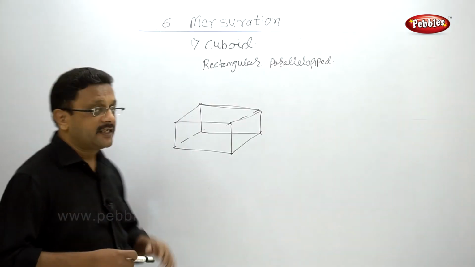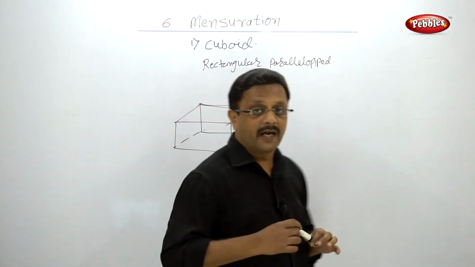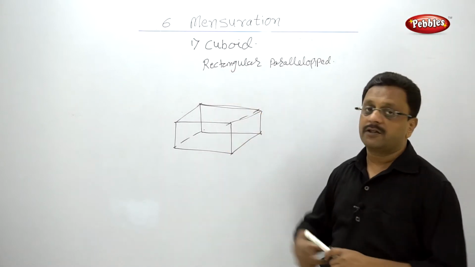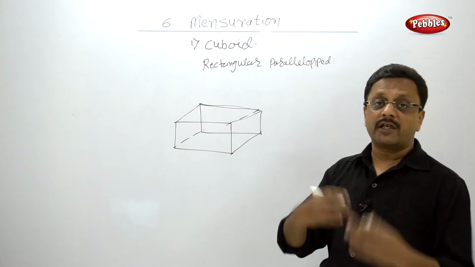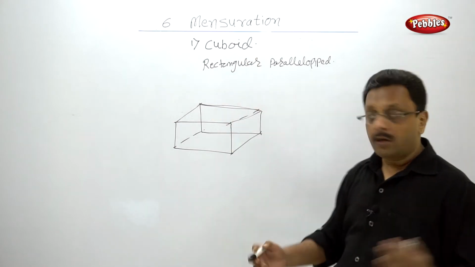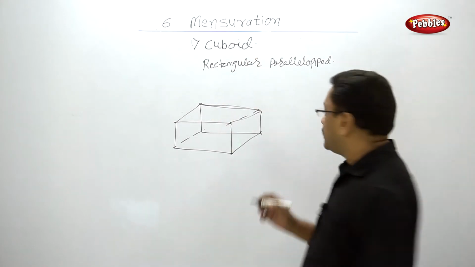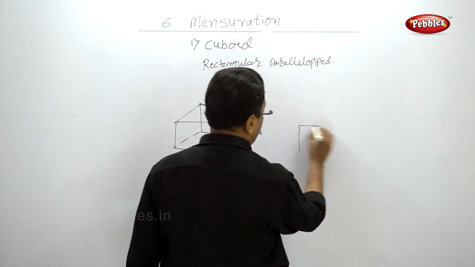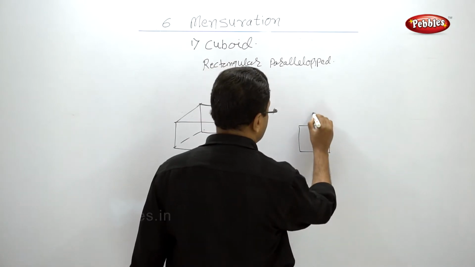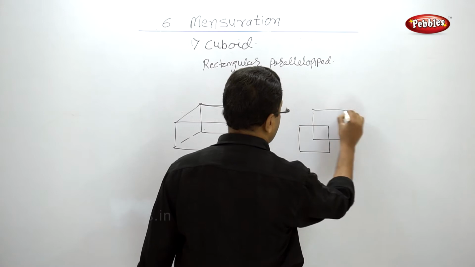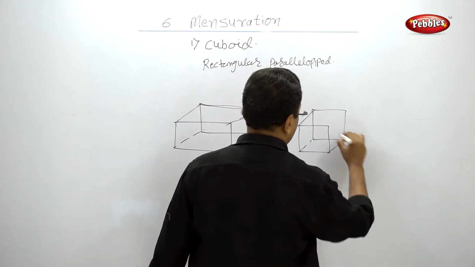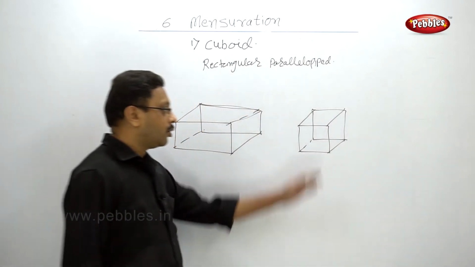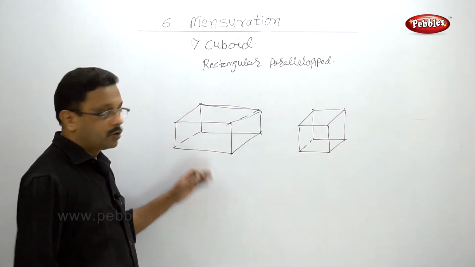And when these faces are perfect squares, then this will be called a cube. So cube is again a special case of cuboid or parallelepiped. That means in a cube all the faces are of equal length. So this is your cube, whereas this is your cuboid.